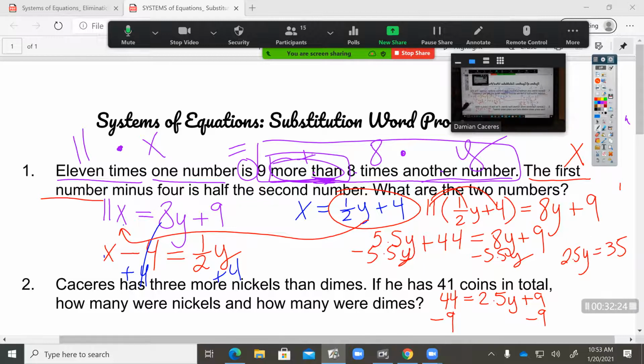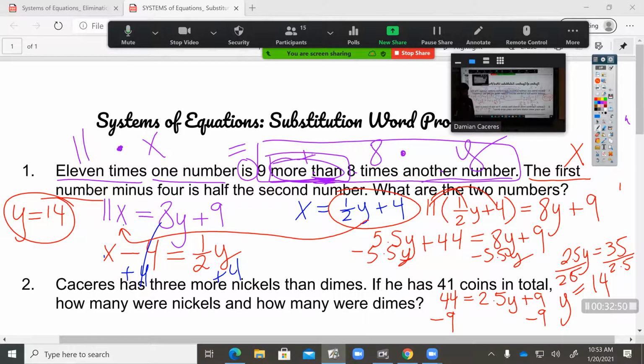And now you can divide both sides by the coefficient, which is 2.5. That leaves me with y equals 14. y equals 14. So we got one value.